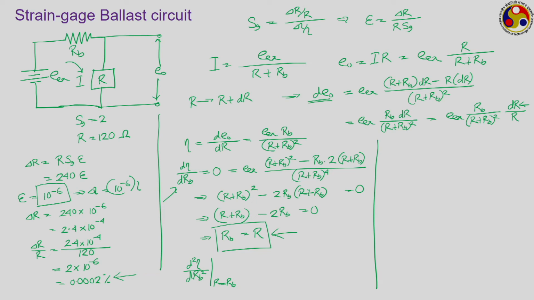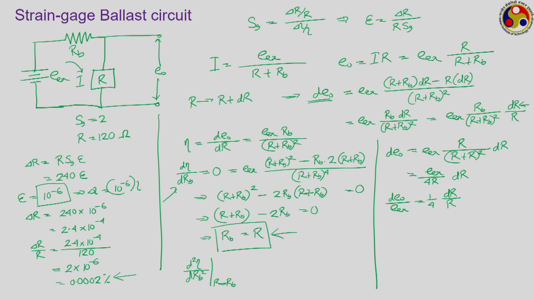So, if we have R equal to R_B, then dE_0 is equal to E_x into R_B times R divided by (R plus R) whole square, into dR, that is E_x by 4R dR. Or, if we want to write it in a different way, dE_0 by E_x is equal to 1 by 4 dR by R. So, this is the output of the instrument.